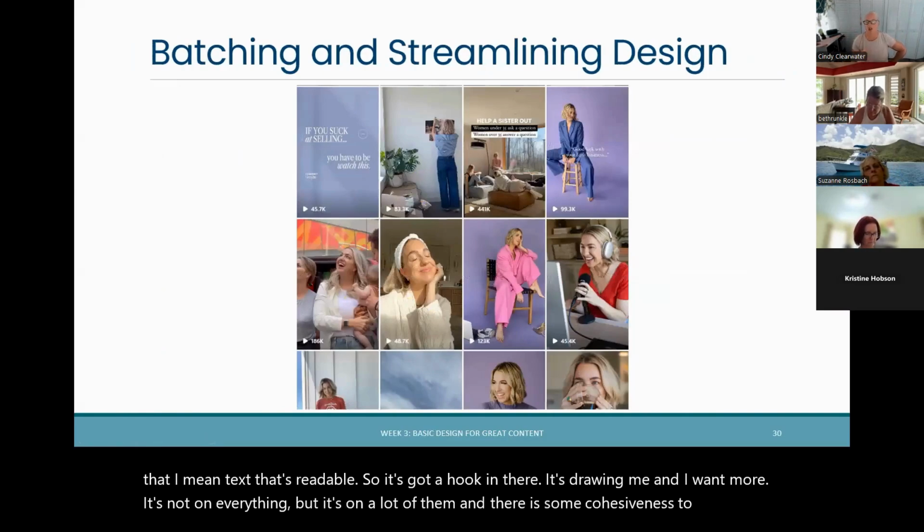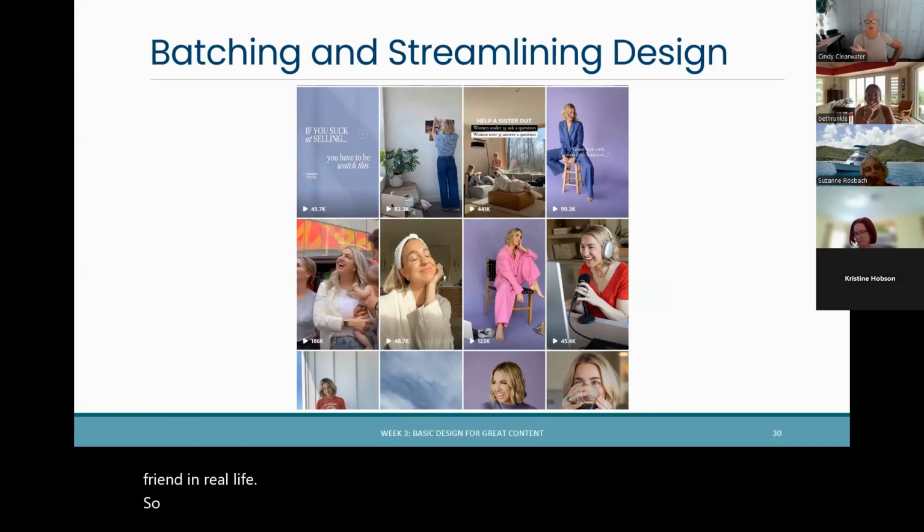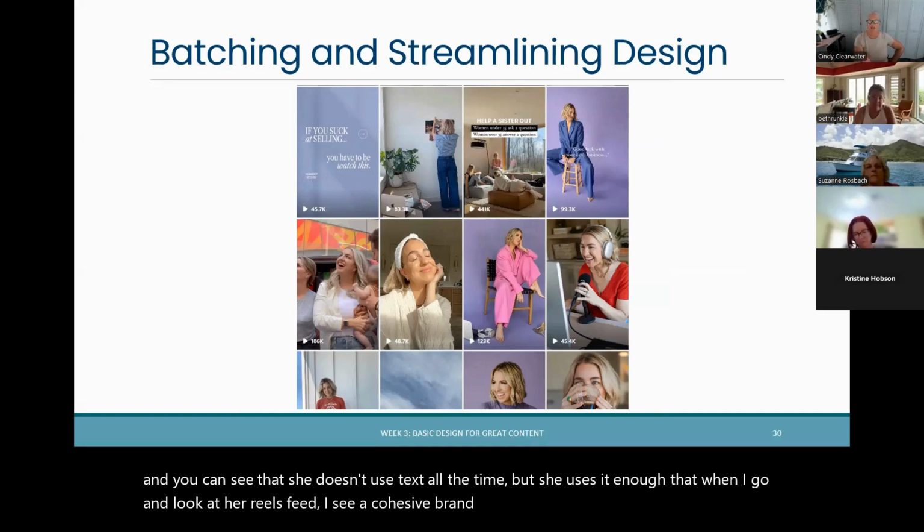This is Jenna Kutcher. She's also another guru in the field and happens to be Amy Porterfield's best friend in real life. So with Jenna, you can see very clearly her color palette here on her reels, on her cover images. And you can see that she doesn't use text all the time, but she uses it enough that when I go and look at her Reels feed, I see a cohesive brand here. I see it's a lot about Jenna.